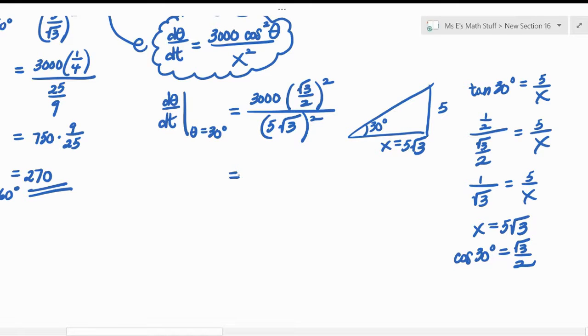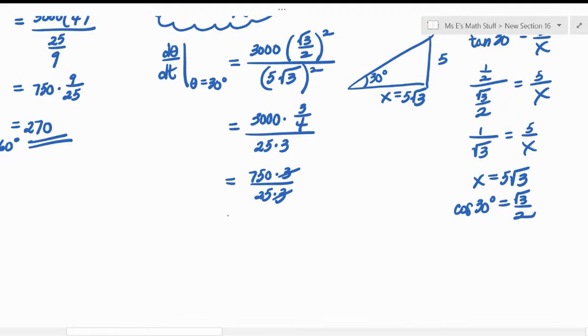Simplify it, we get 3,000 times 3/4 all over 25 times 3, which is 75. Again, you can cancel with the 3,000 and the 4, and you end up with 750. So you get 750 times 3 over 25 times 3. Your 3's cancel, and your 25 and 750 can cancel. I think you get 30.